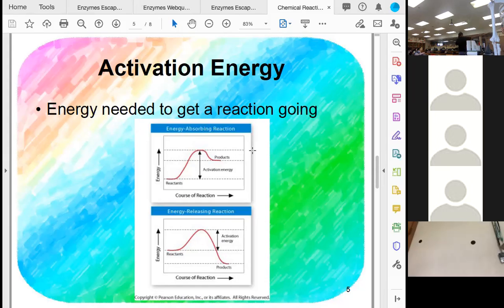The first one, yes. The second one, endothermic, right? Because they're absorbing energy. And then, of course, this energy releasing, exothermic. The energy of the products is lower than the energy of the reactants. Okay? Are we good so far? Any questions on Zoom?